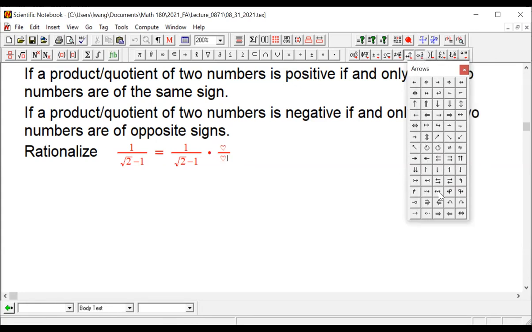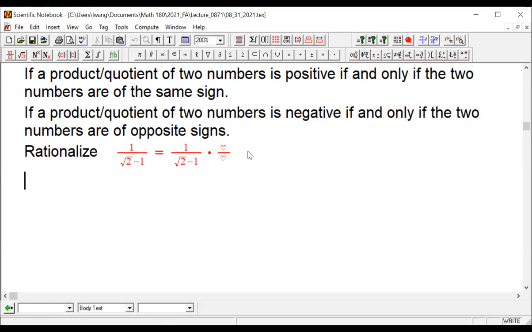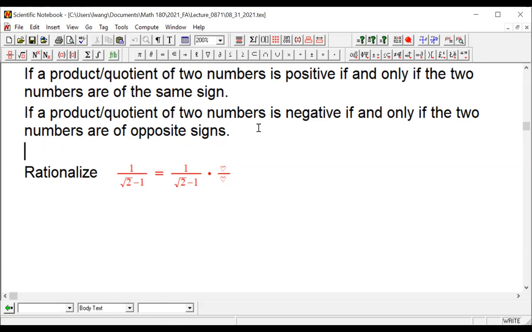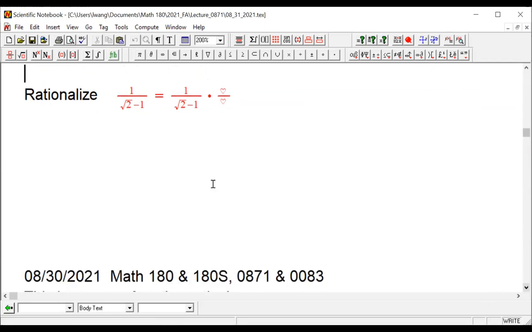So can you show me your work? And what answer do you get? Rationalize. This is a basic algebraic skill, and I promise you, you will use it in your calculus class.